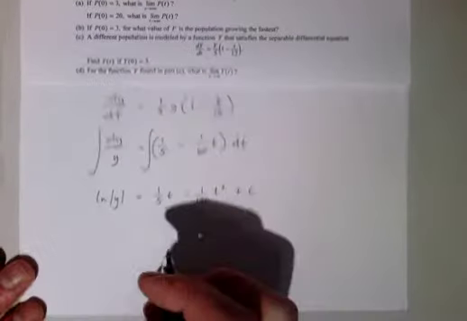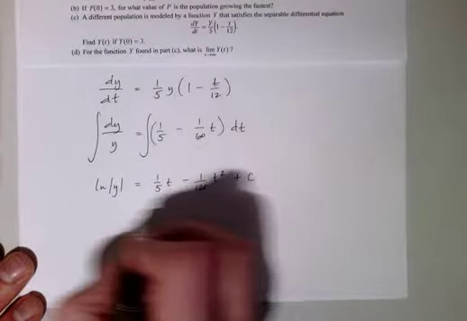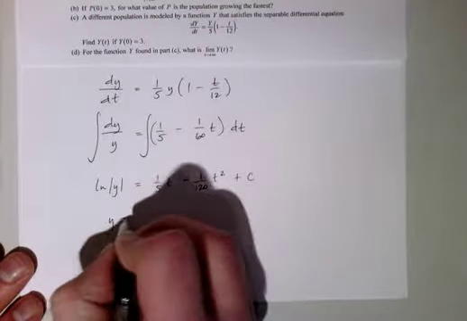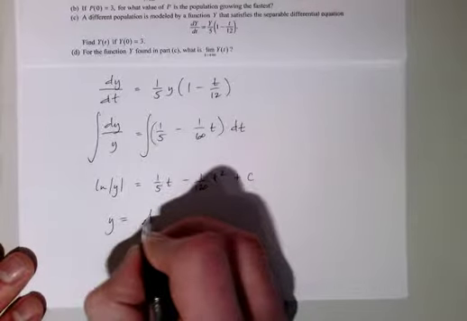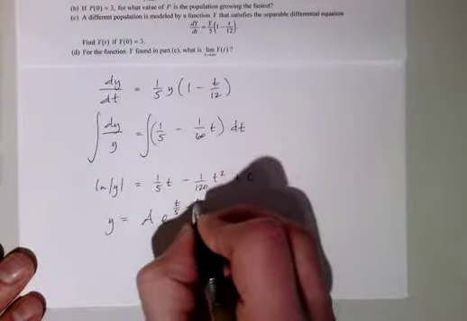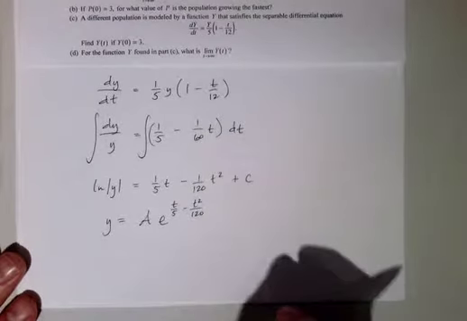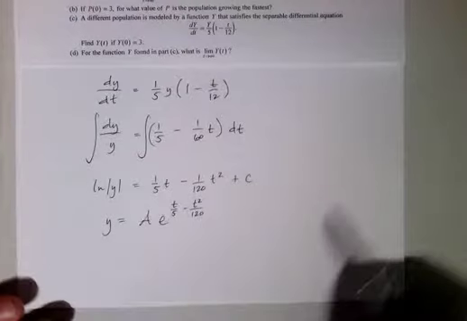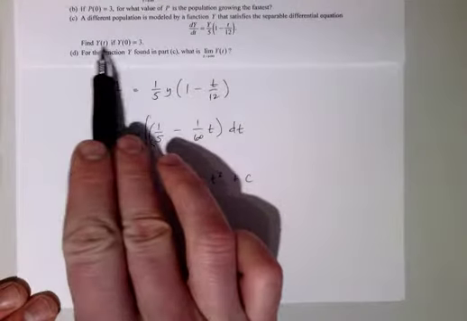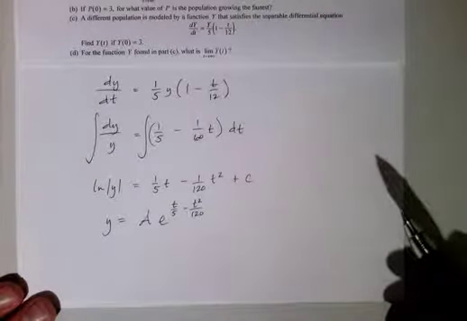Now, when I exponentialize both sides, I'm going to go ahead and do that leading coefficient, which is the e to the c, right? And so we have y is equal to a e to the t over 5 minus t squared over 120. Now, it says find y of t if y naught is equal to 3. Well, that's really, really easy.